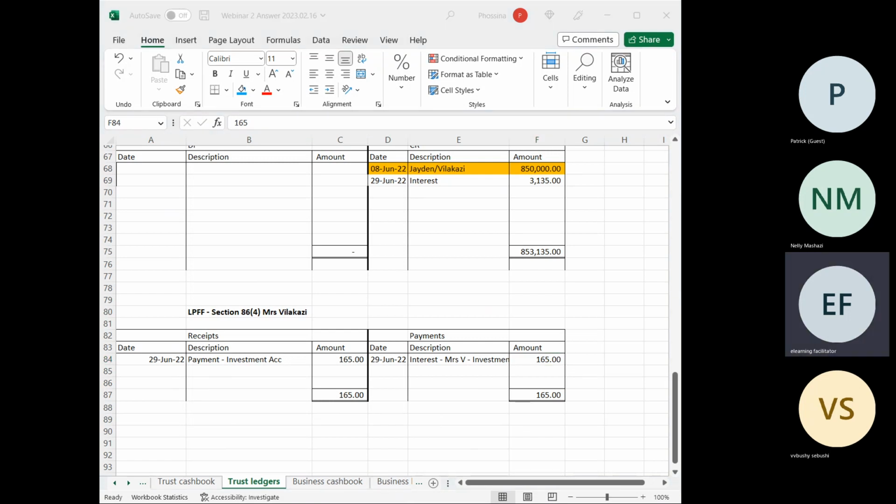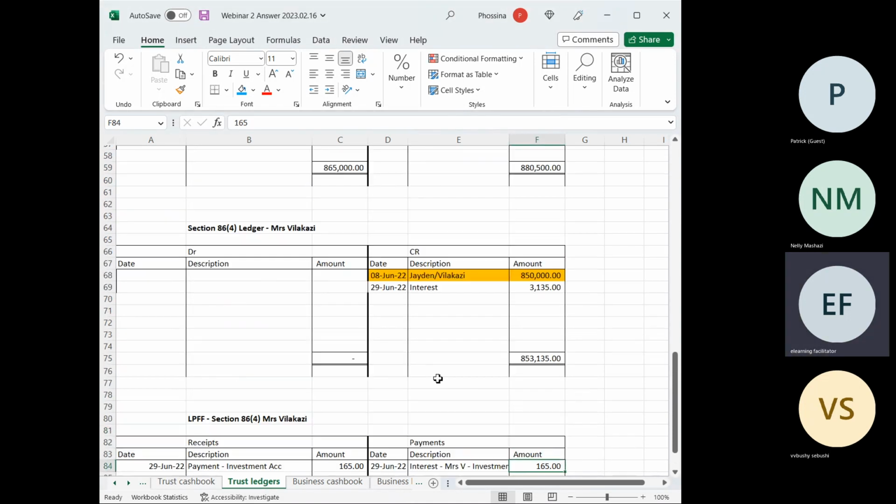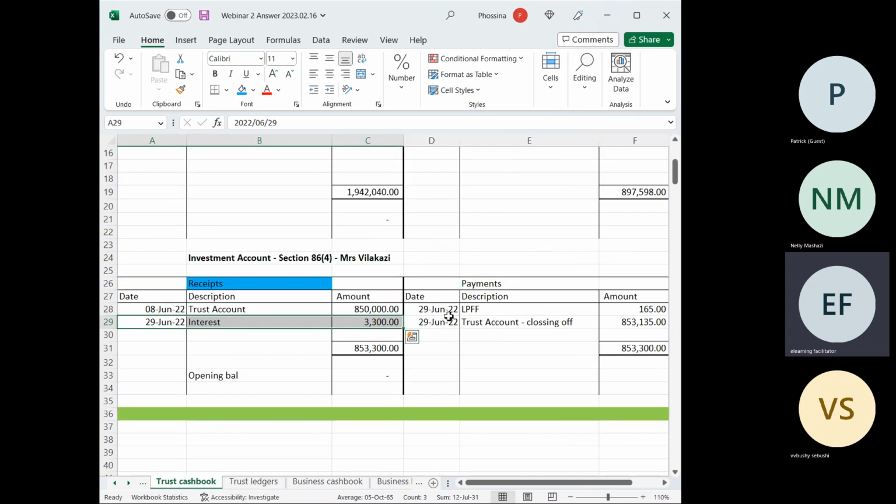Okay, and then we withdrew the money from the investment account. So now we are withdrawing the money from the investment account. This is our investment account. Automatically, the moment the bank deposits the 3,300, they will also pay the 5% to the fund.